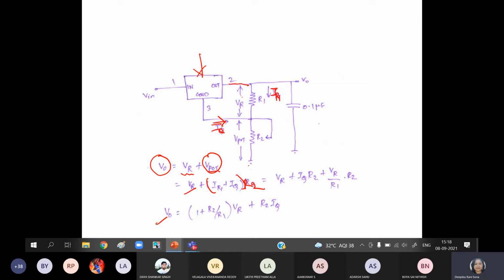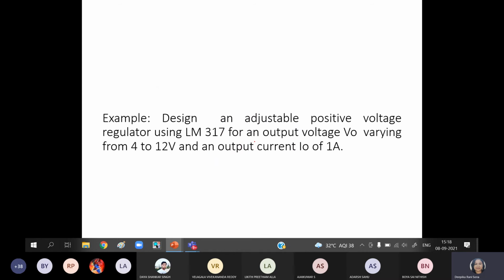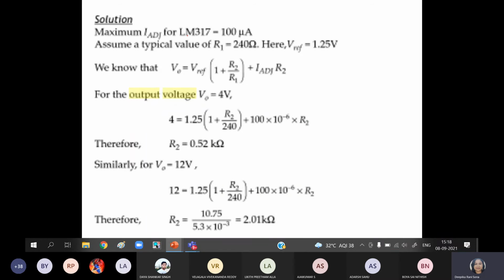Suppose this question has been asked to you: design an adjustable positive voltage regulator with the LM317 for an output voltage V0 varying from 4 volt to 12 volt, and output current I0 of 1 ampere. Design the circuit. For that, see the formula we have just studied: V0 equals V reference into 1 plus R2 by R1, plus IQ, which is nothing but your adjustable current.